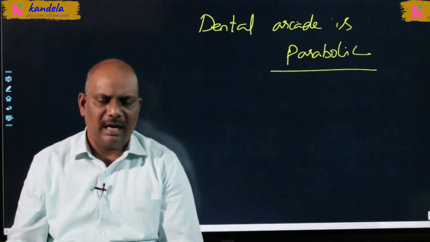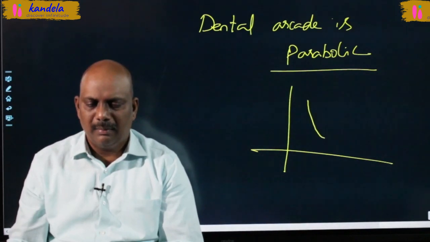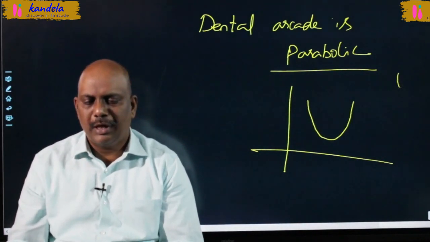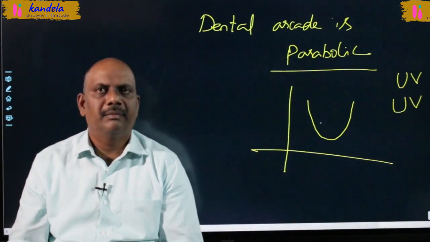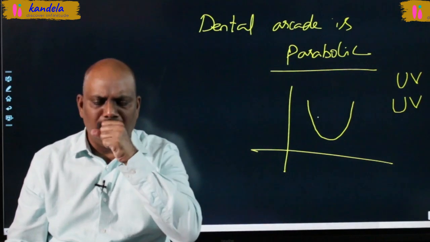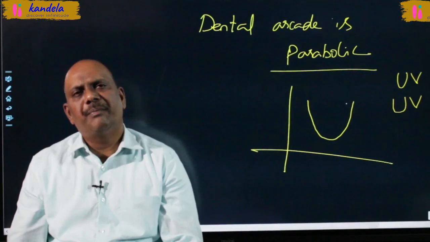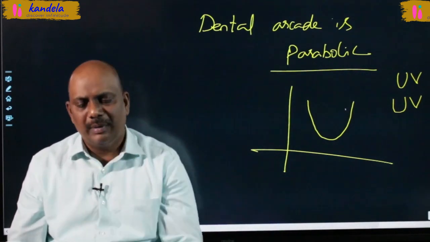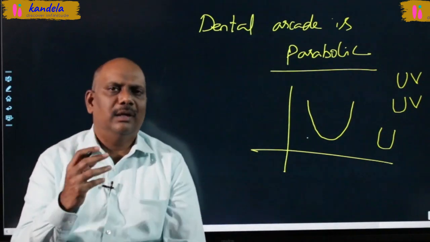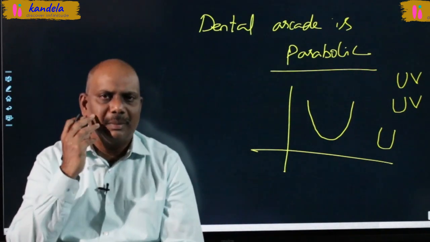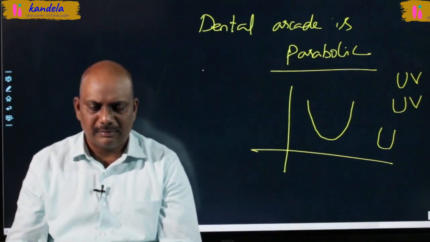Parabola is a graph, and when you draw a parabola, this will be in between U-shaped and V-shaped. Human jaw is in the shape of a parabola. But for the primitive apes, this dental arcade used to be U-shaped. For Australopithecus also, the dental arcade is parabolic, and that too without a simian shelf.